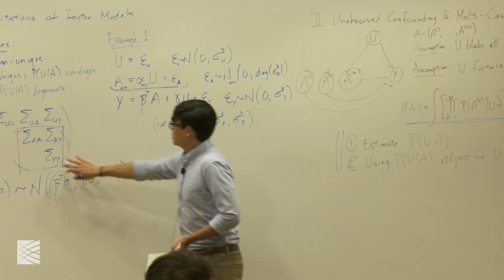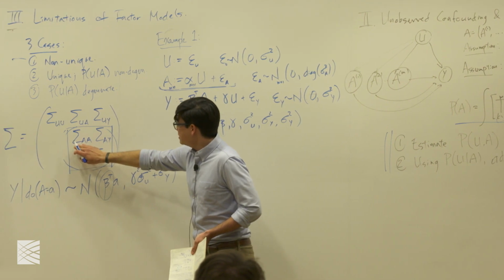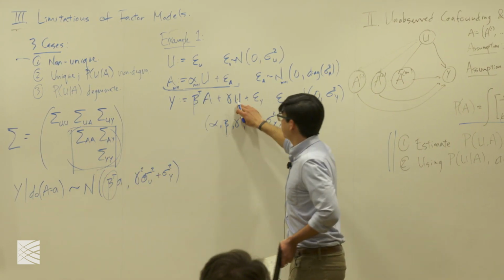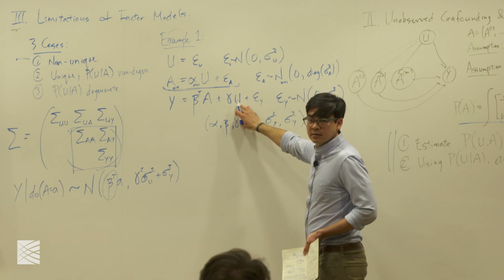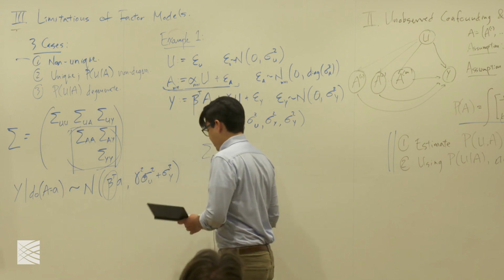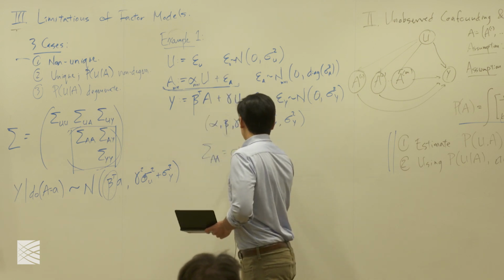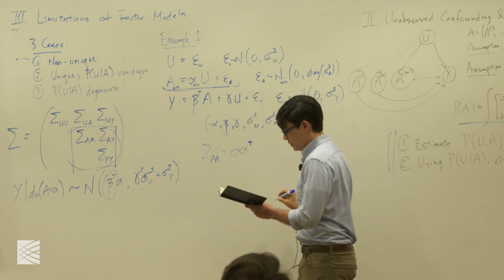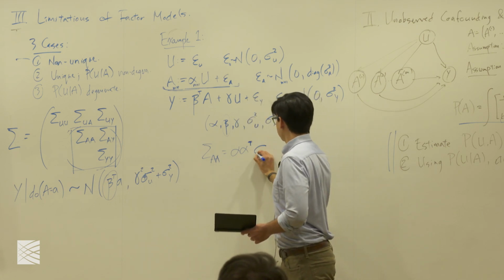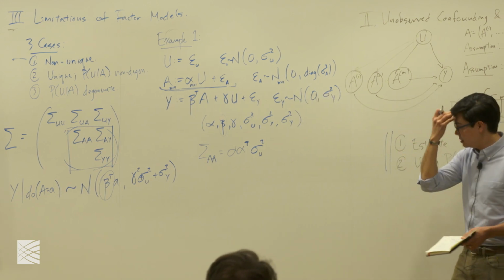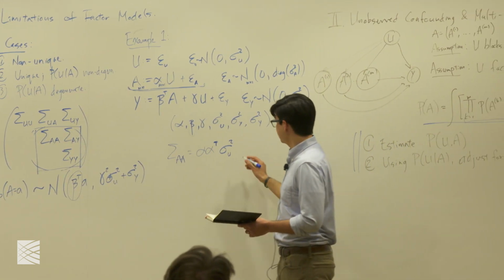We can expand each one of these covariance matrix terms in terms of the structural parameters here. For example, if we look at sigma AA, we're just going to use all the rules that we maybe remember from our beginning probability class about taking covariances of linear combinations of random variables.